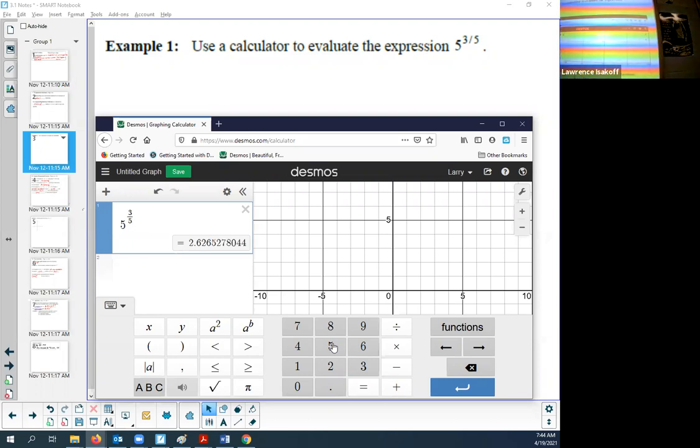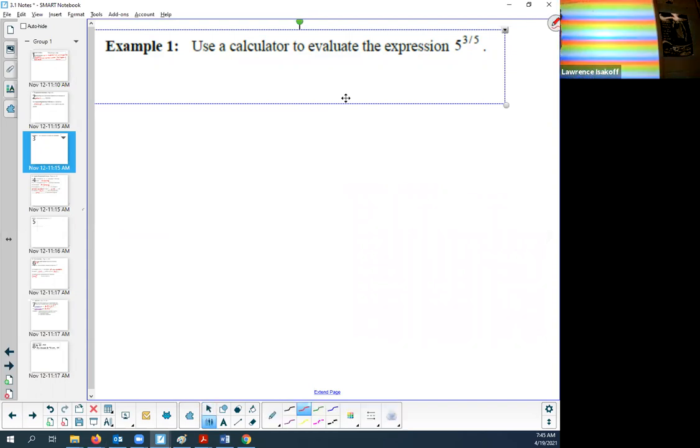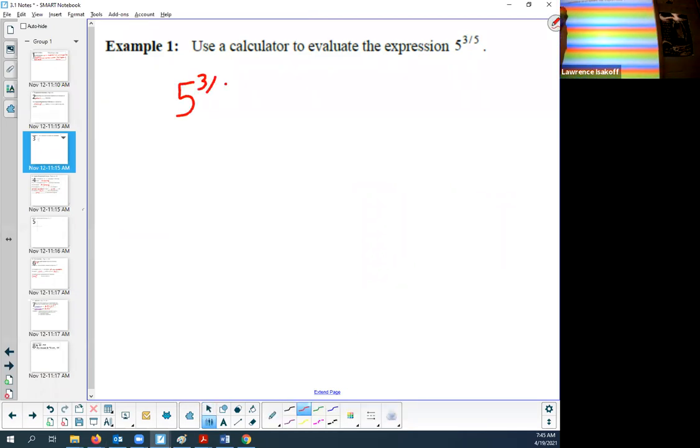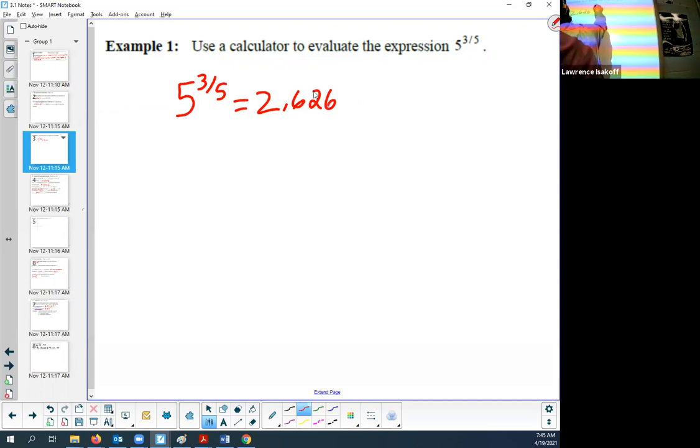This is how we're going to do all problems like this. There's not going to be any, well, this is how we'll do it by hand. Just grab the calculator and evaluate it. So 5 to the 3/5 is equal to 2.6265.